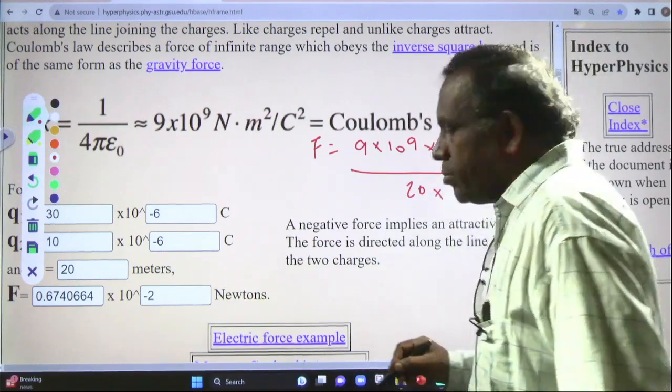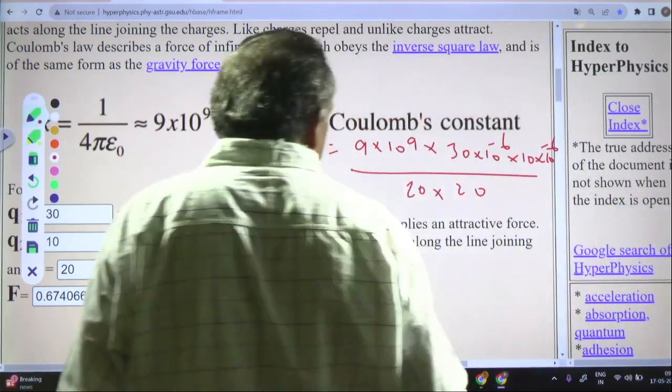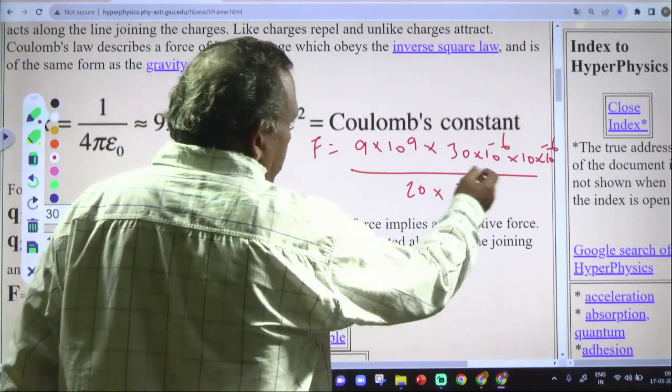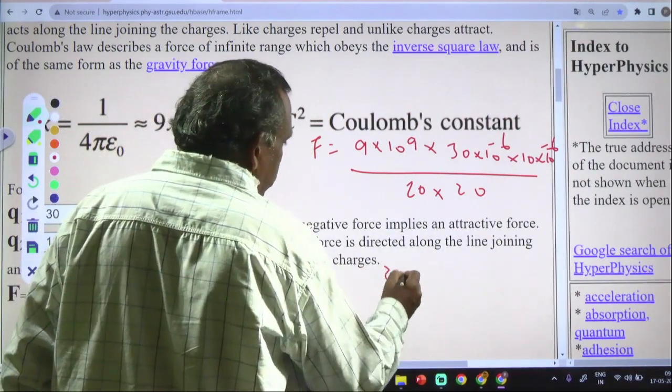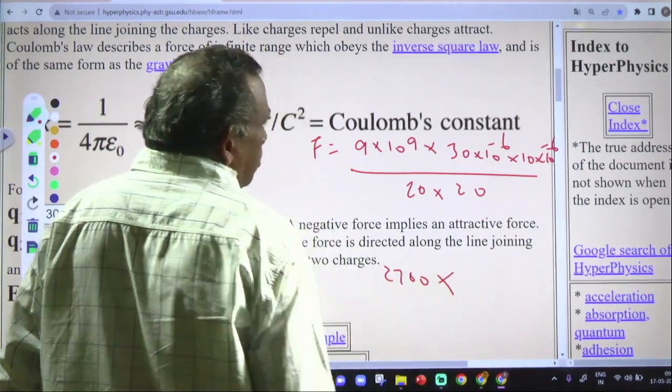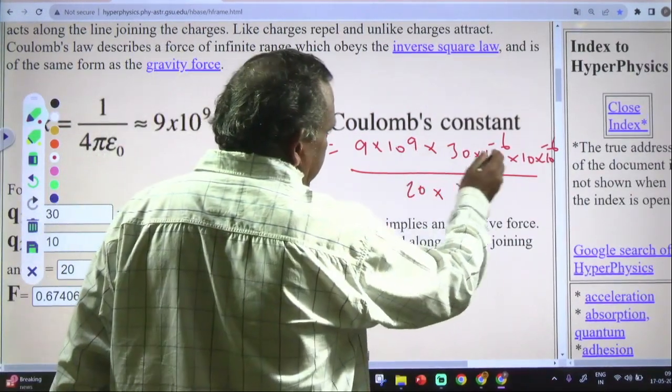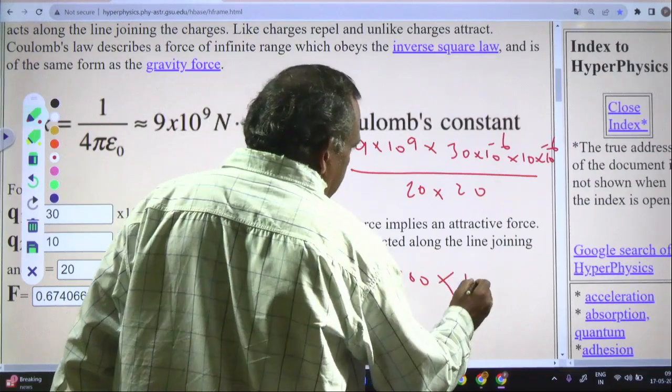If you simplify this, 9 threes are 27, so 2700 into 10 power 9 into 10 power minus 12, that becomes 10 power minus 3.